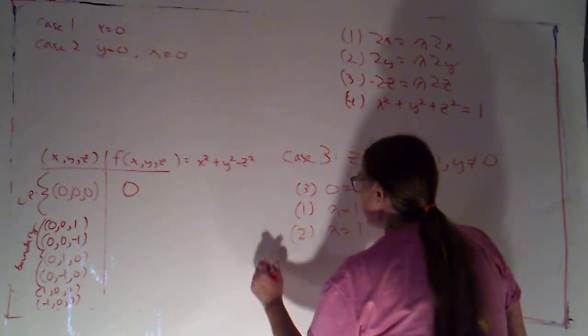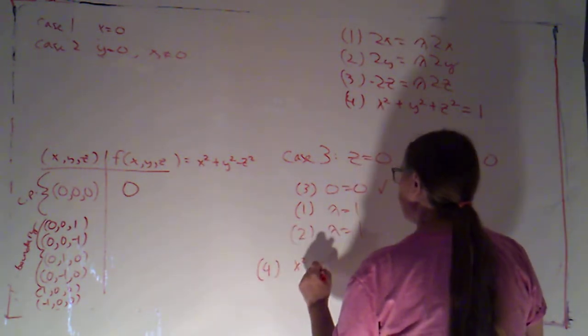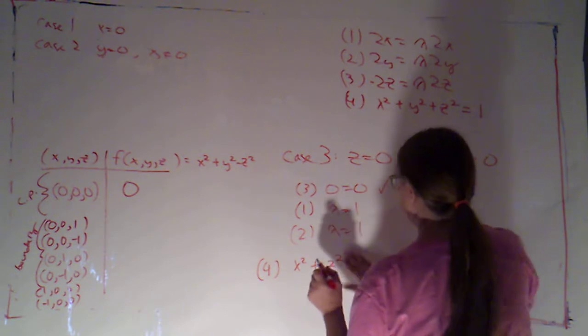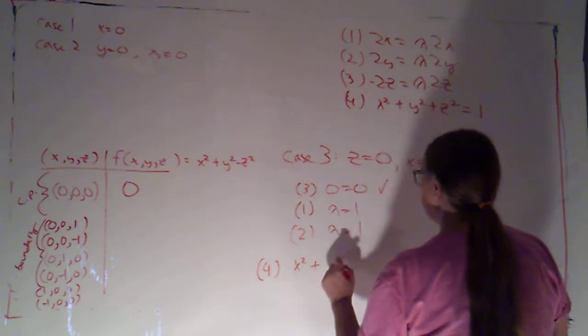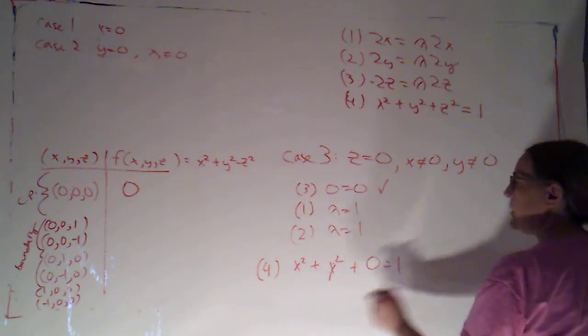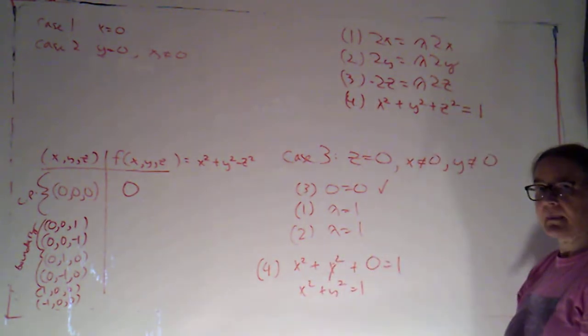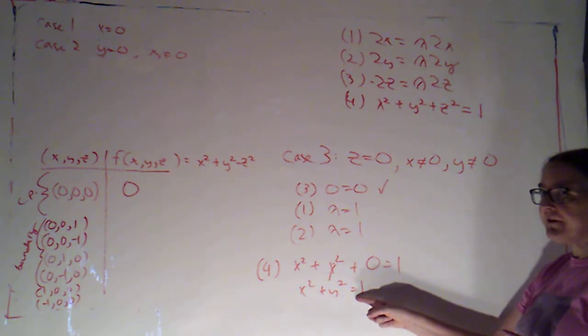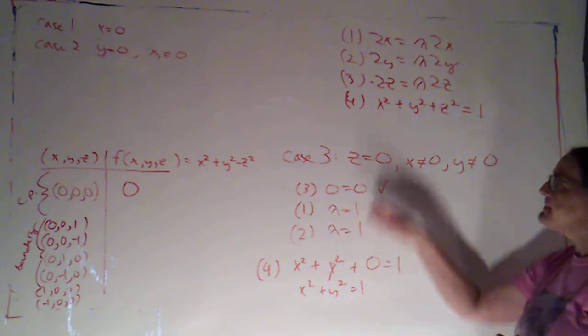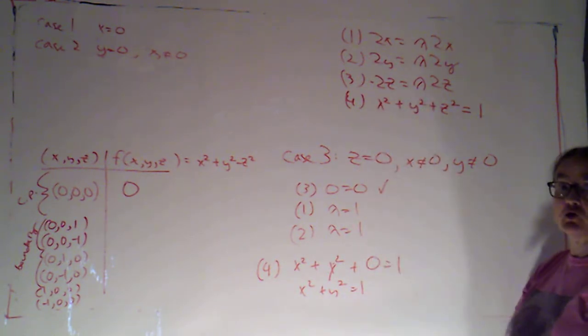So now I come to equation 4 and I get x squared plus y squared plus 0 equals 1. I get x squared plus y squared equals 1. There are infinitely many points that are going to make this true.